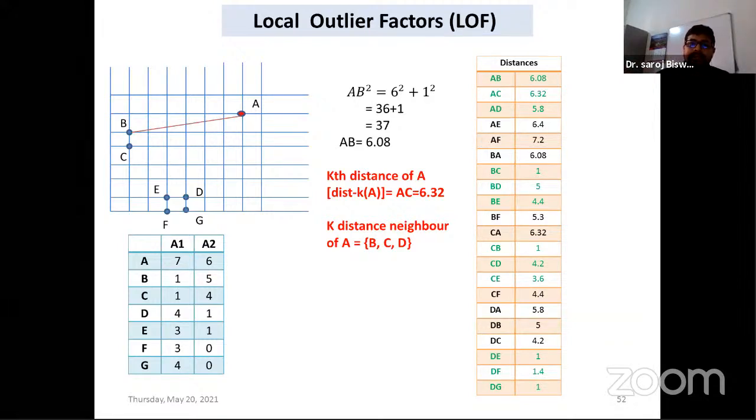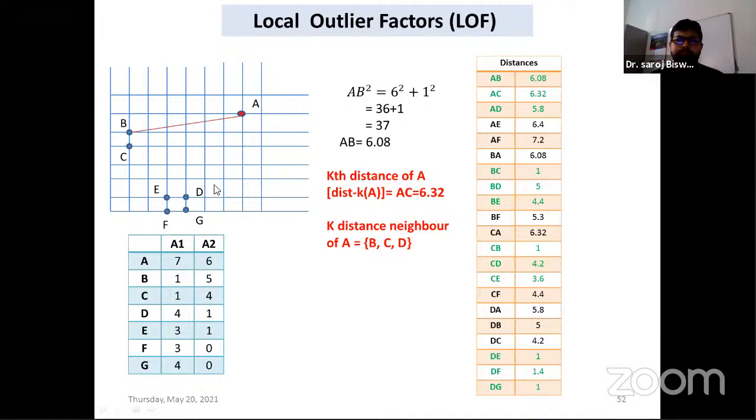So here we have 7 patterns, and these patterns are A, B, C, D, E, F, and G. Our objective is to calculate the LOF score of all the points here. But if you calculate the LOF score for all the points, it will take more than 1 hour. So that's why we are calculating only one LOF score here, and that is for A. In the same way, we can find the LOF score of all the points.